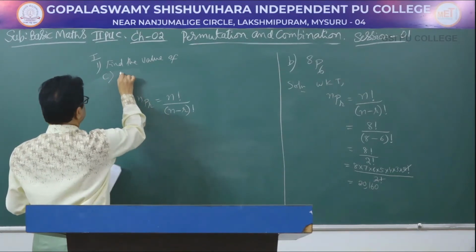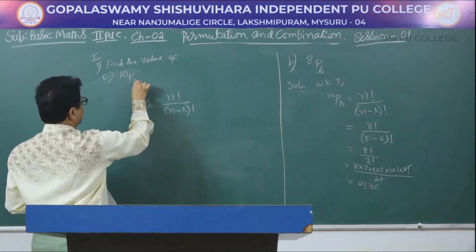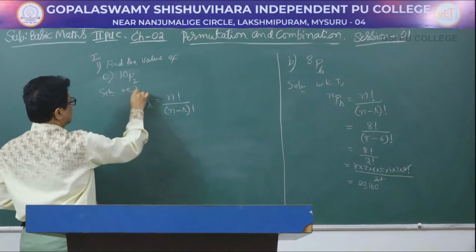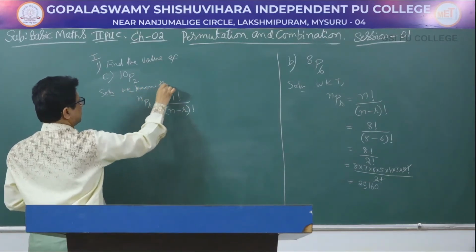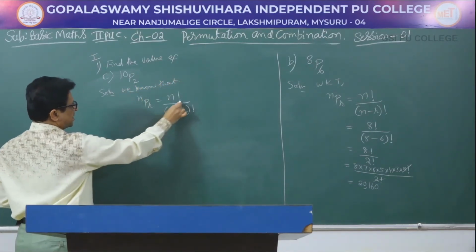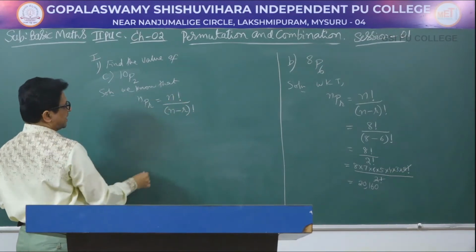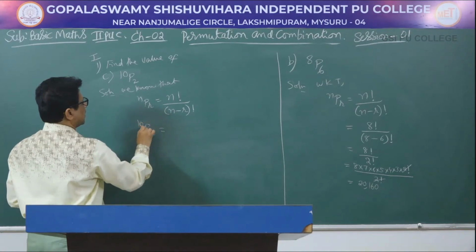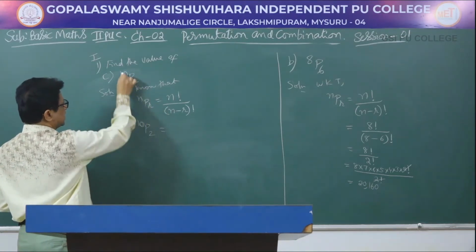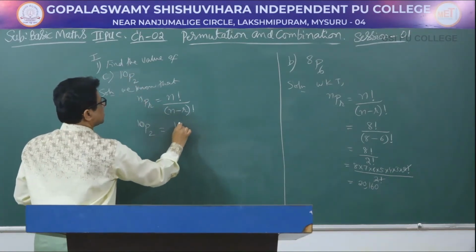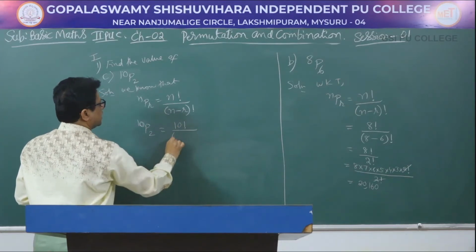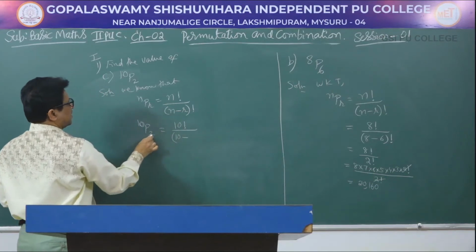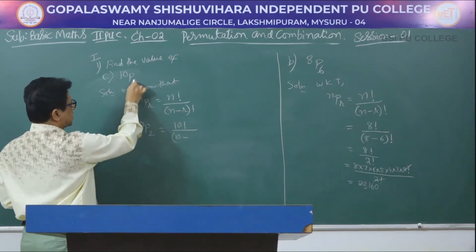Next problem, 10P2. So, we know that nPr is equal to n factorial by (n minus r) factorial. Here the value of n is 10 and the value of r is 2.